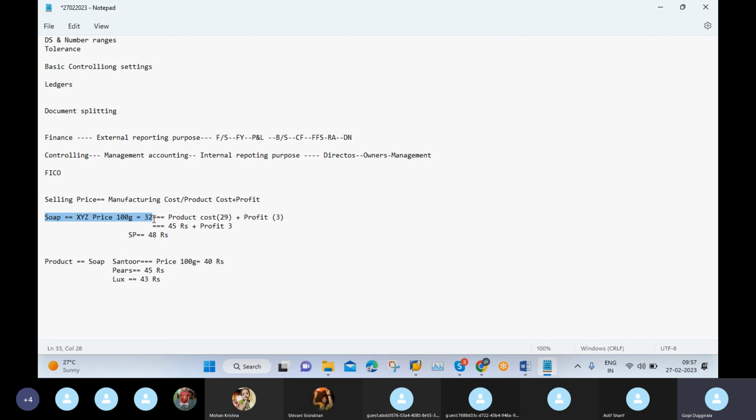The product and its quality are good and we have good customers, so even if you increase your product price by 1 or 2 rupees, you will not lose your customers, right?